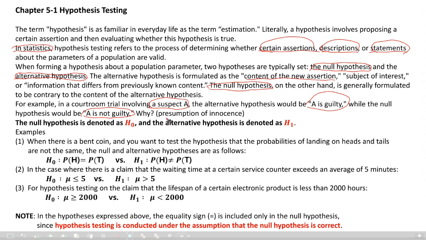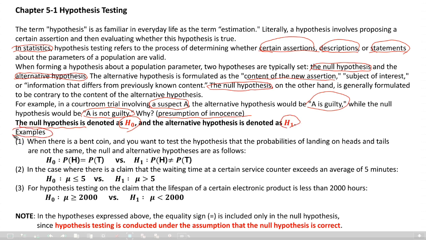Why? Presumption of innocence, okay? That is in law. The null hypothesis is denoted as H0. The alternative hypothesis is denoted H1, okay? So it is like a symbol.